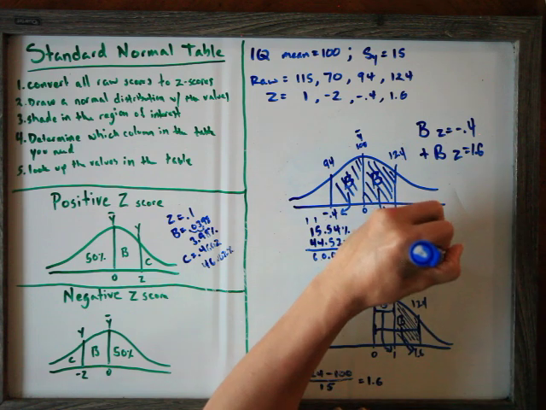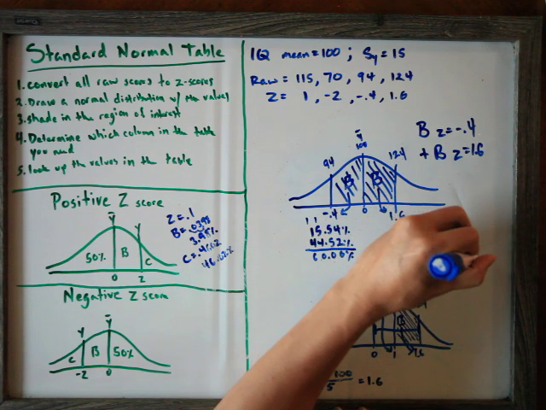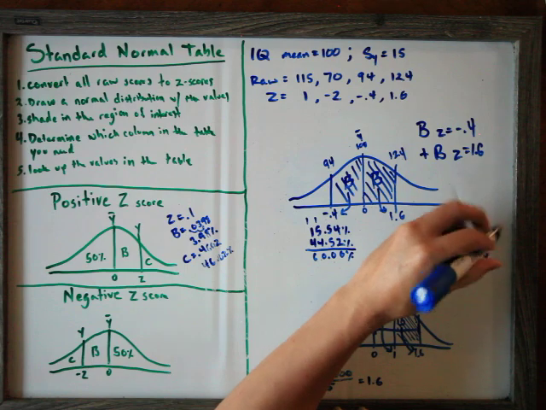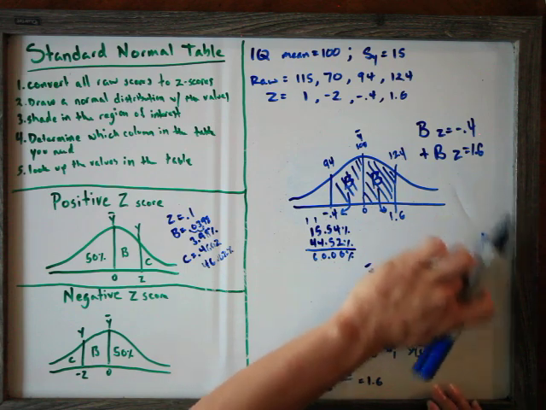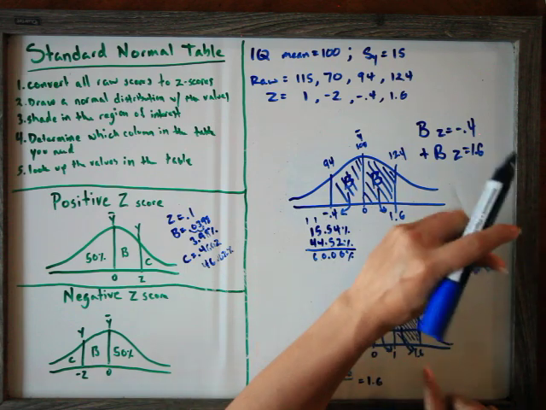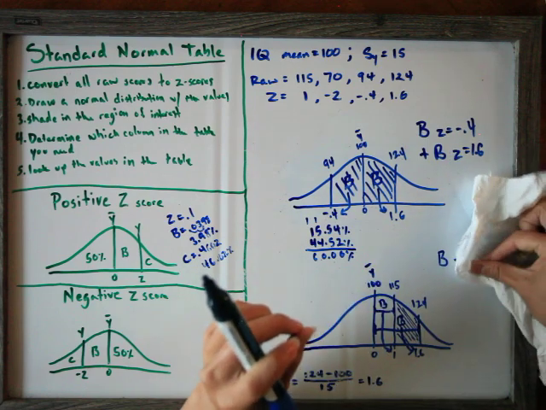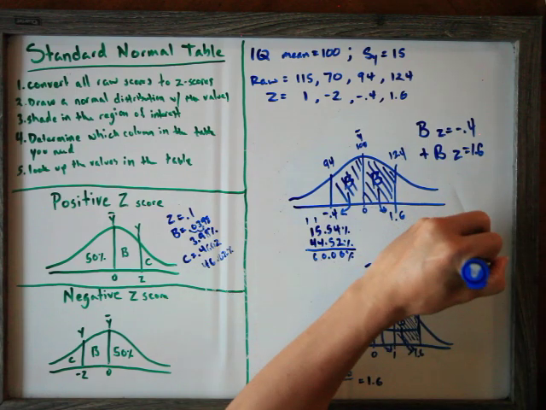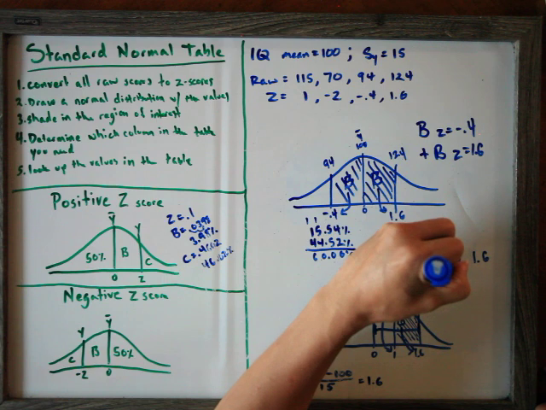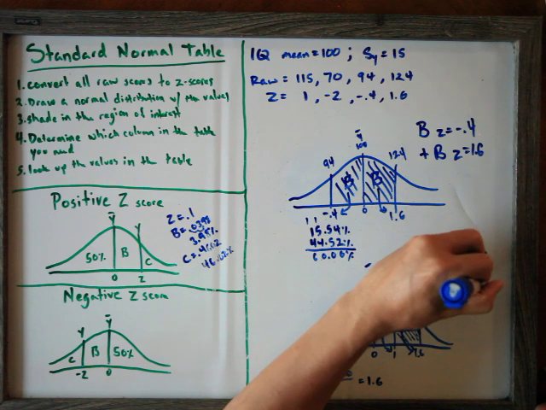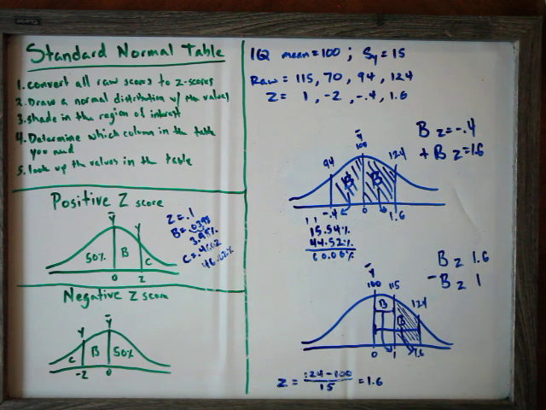So that's B for a z-score of 1.6, which corresponds to a raw score of 124, minus b for a z-score of 1. So I'm going to find those two values.